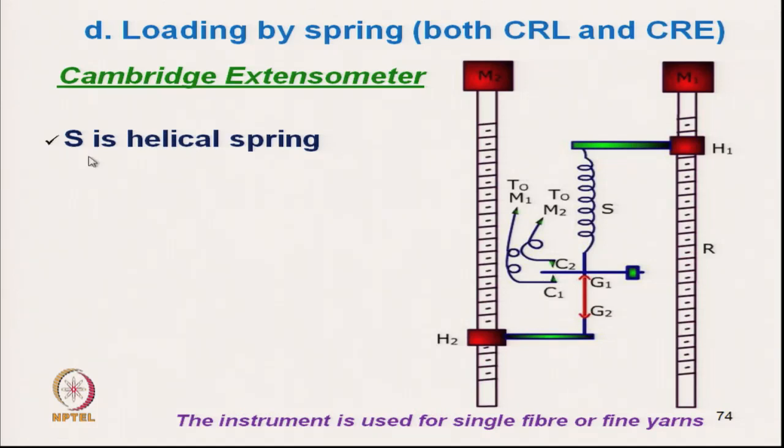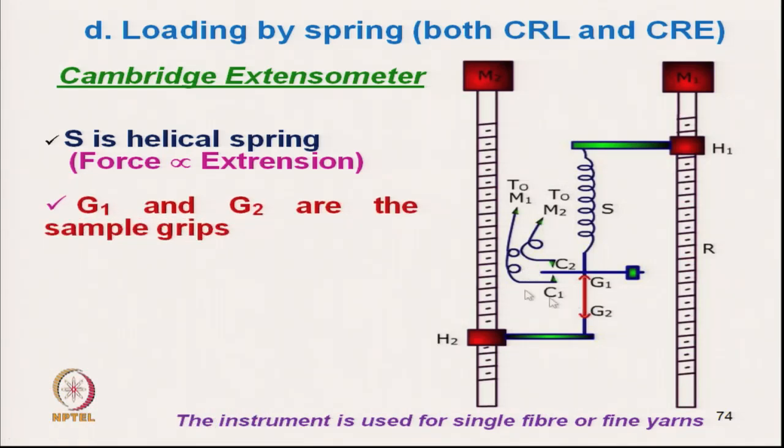Here S is a helical spring, okay, and in a spring we have seen force applied is proportional to the extension. If we increase the extension, then force will increase, and if we increase the extension at a constant rate, the force will increase at a constant rate for the spring.